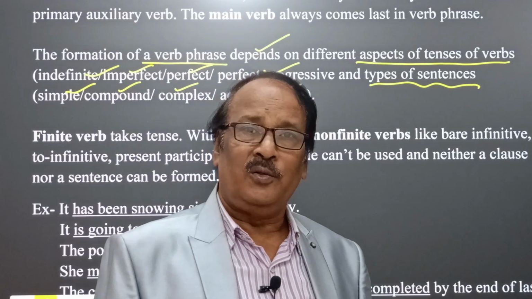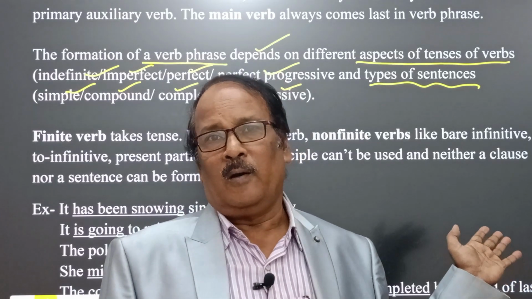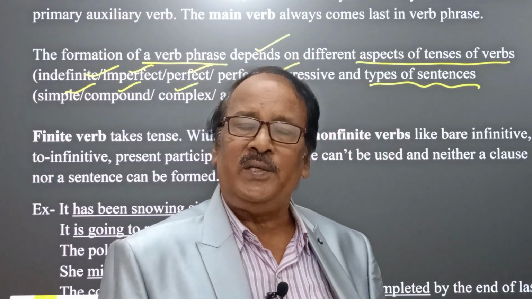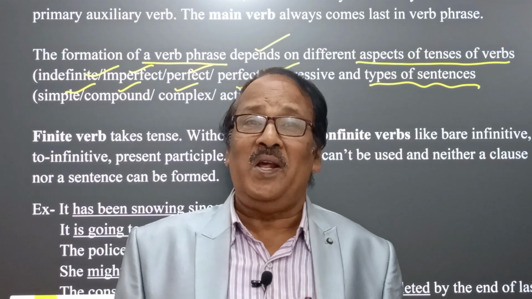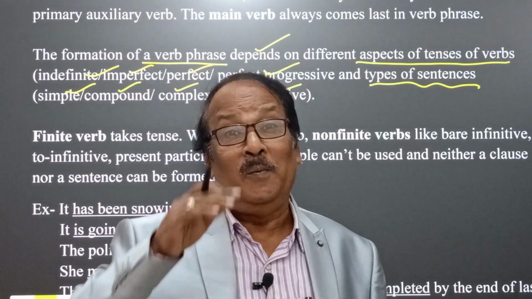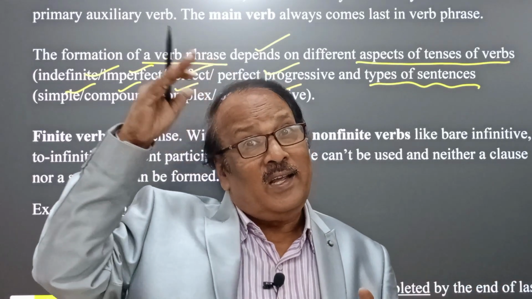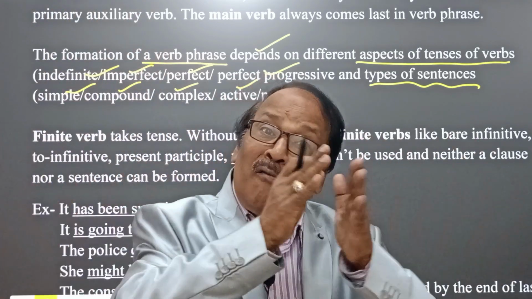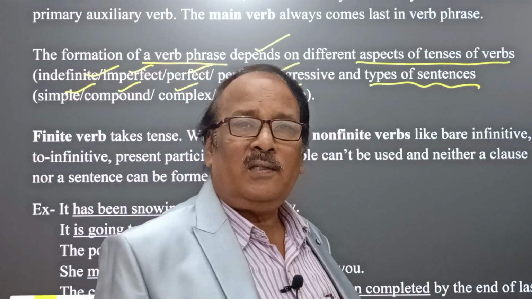In that case also, we take the help of verb phrases, and also in complex sentences, all these ideas will be discussed very vividly, clearly, and elaborately in the subsequent classes.